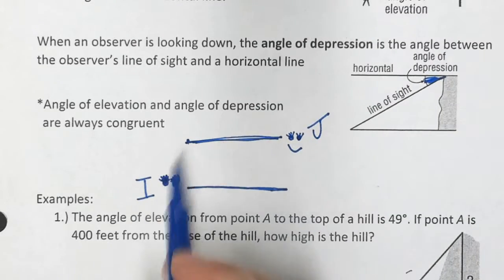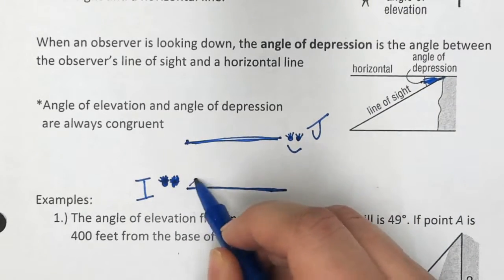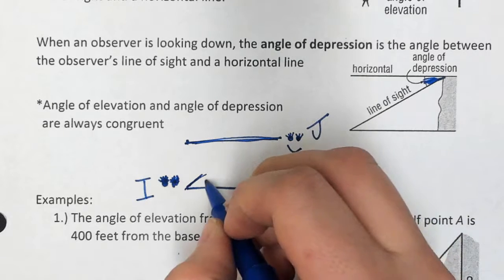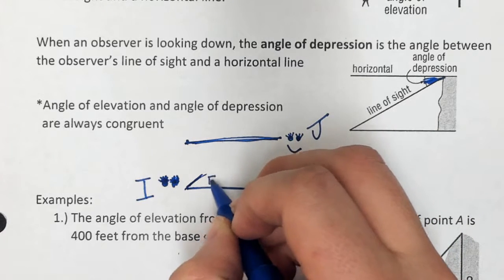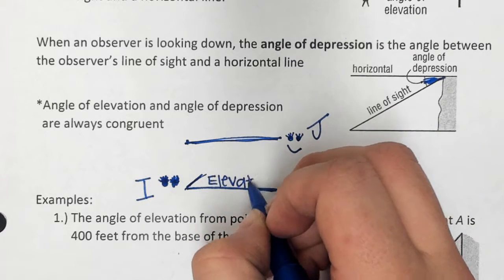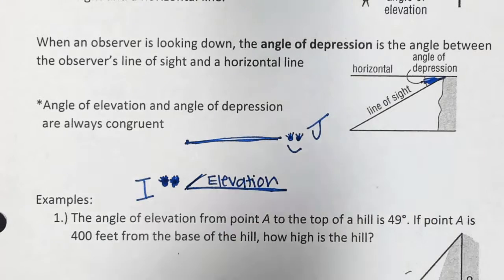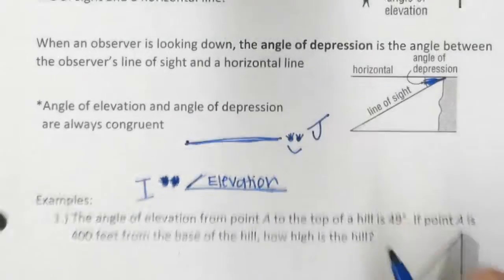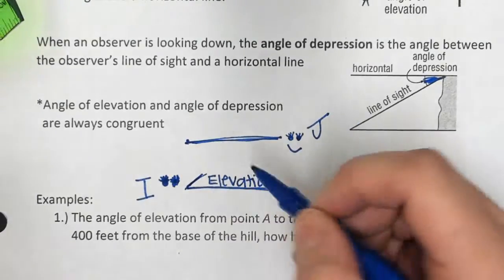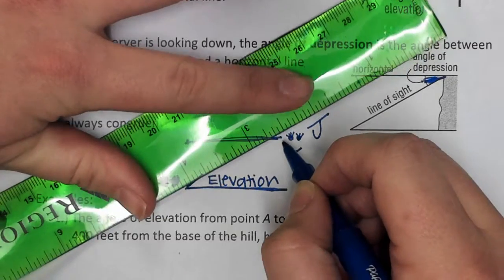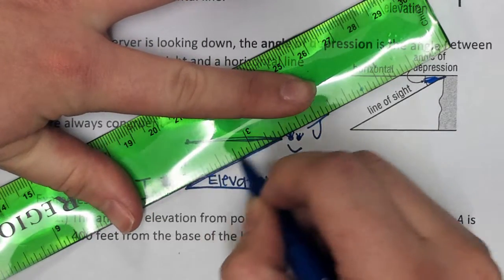And if Ivy's eyes are looking up, this is the angle of what? Elevation. Elevator goes up. Julia's eyeballs are looking down. I'm going to connect these because y'all know how my drawing is.